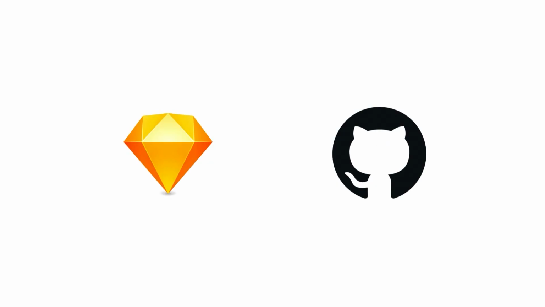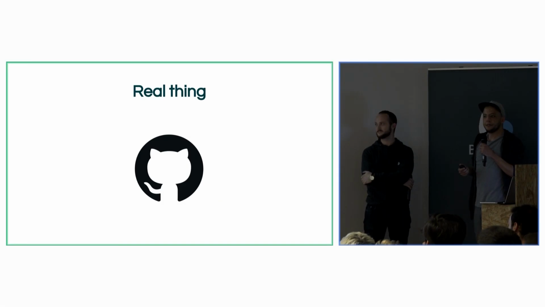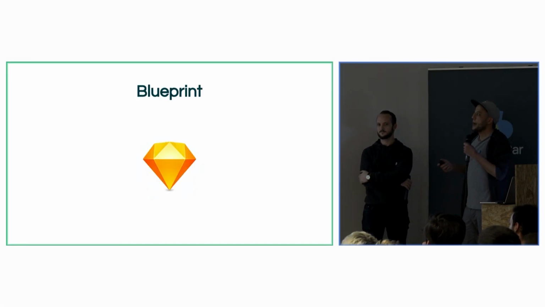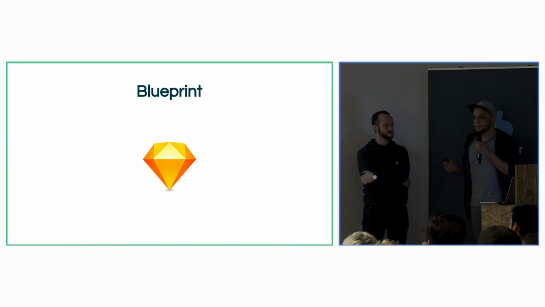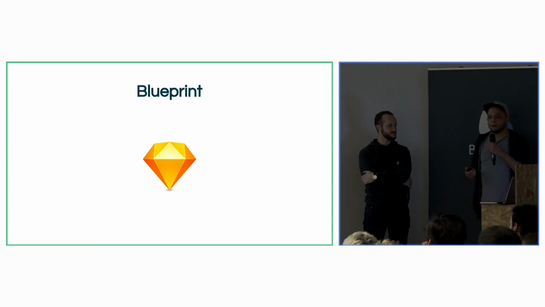And this is how it's all set up. We have two libraries. There is the real thing, actual interactive, fully functional components with all their states and all the properties that we can give them. And there is this boring blueprint that we have, with a lot of text around it describing how it should actually work. And we don't like that.